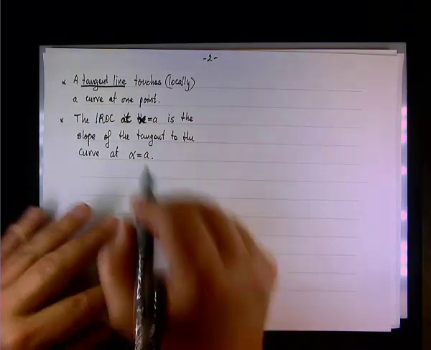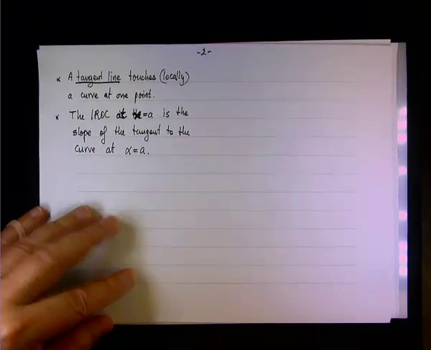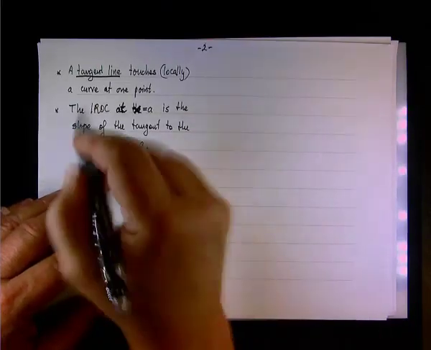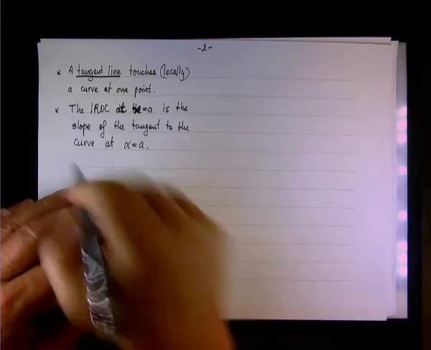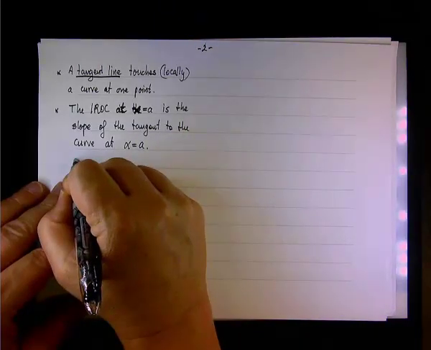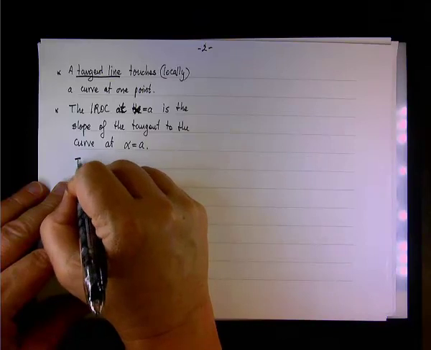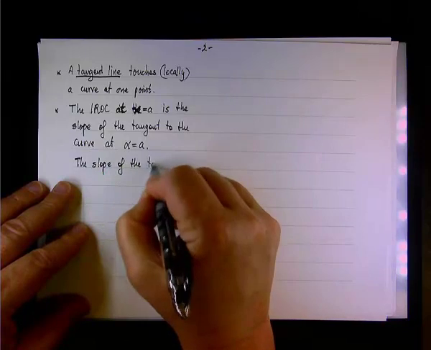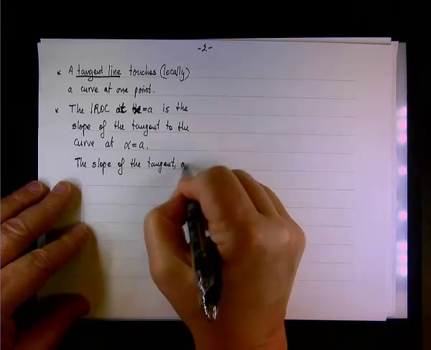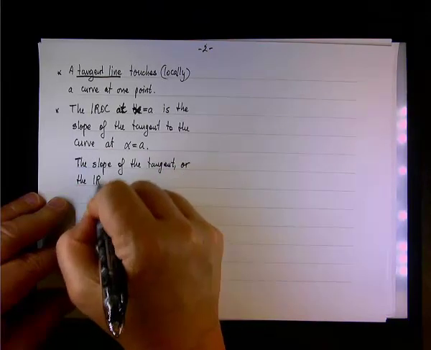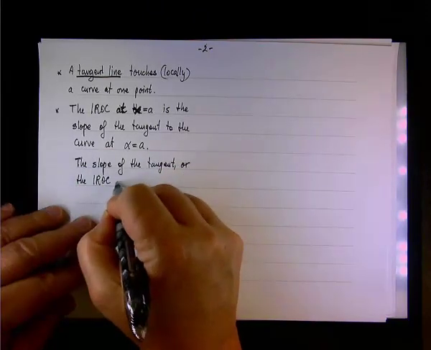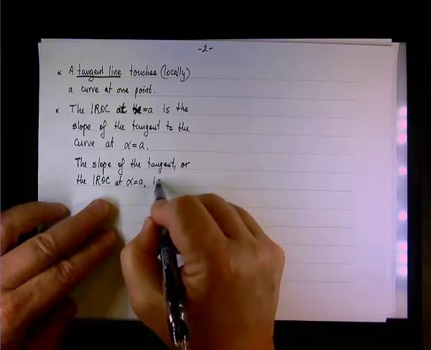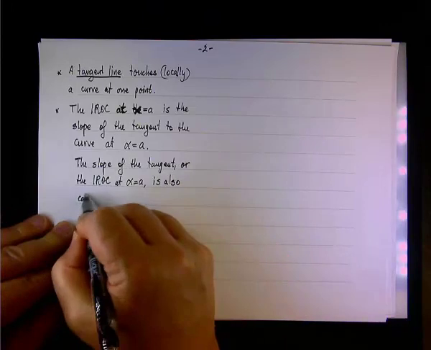Now, some of you took introductory calculus in high school, and you learned that the slope of the tangent is also called something. The slope of the tangent, or the AROC at x equal a, is also called, and what shall I put in?